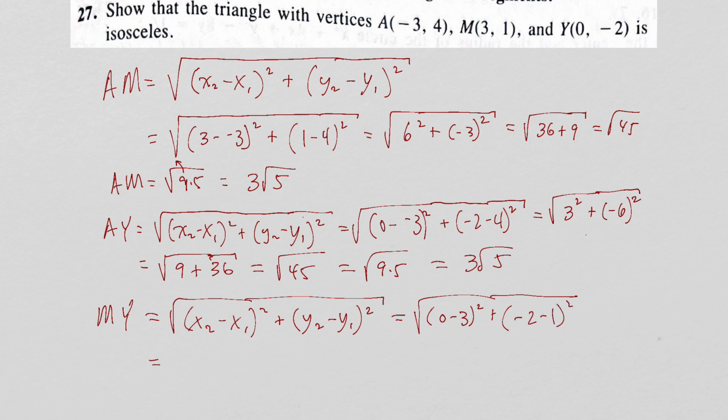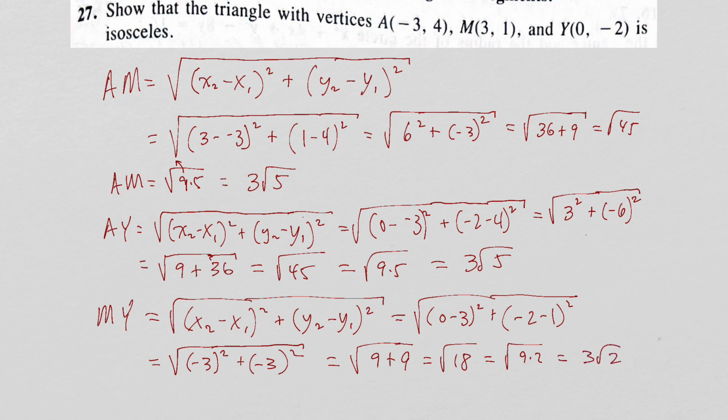And this is going to be the square root of negative 3 squared plus negative 3 squared, which is the square root of 9 plus 9, which is the square root of 18, which is the square root of 9 times 2, which is 3 root 2. So these are the 3 sides.